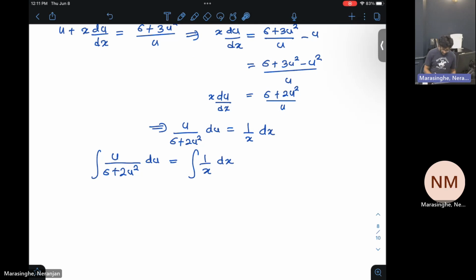So I'm going to take 2 out of my integral sign. So I would get 1 divided by 2, u divided by 3 plus u square du is equal to natural logarithm of x plus the arbitrary constant. Okay. Right. Now, how do you evaluate this integral?